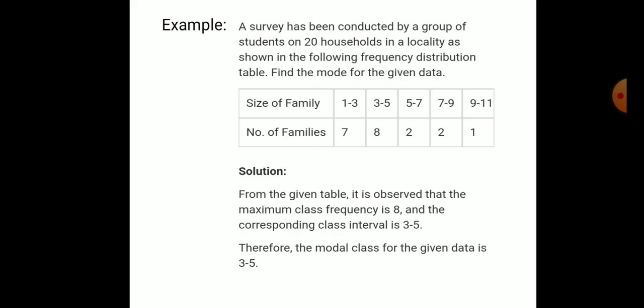From the given table, it is observed that the maximum class frequency is 8, and the corresponding class interval is 3 to 5. Therefore, the modal class for the given data is 3 to 5.